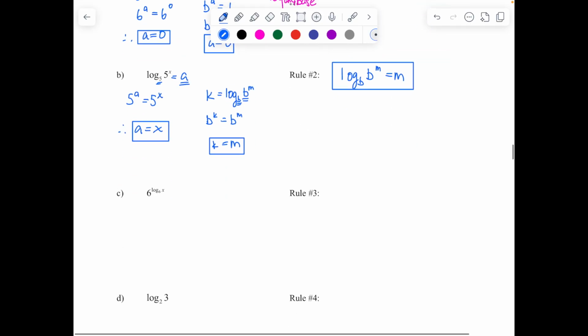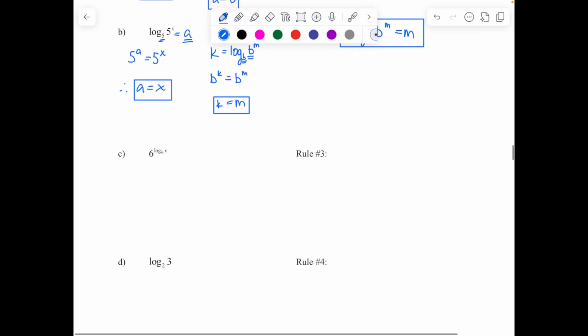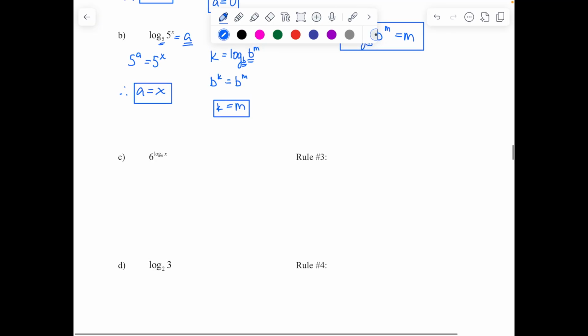All right, next one. To explain rule number 3, it might be best to start with another example. As a reminder, I'm going to take this and rewrite it in a simplified way. So let's say we have 6 to the exponent p.